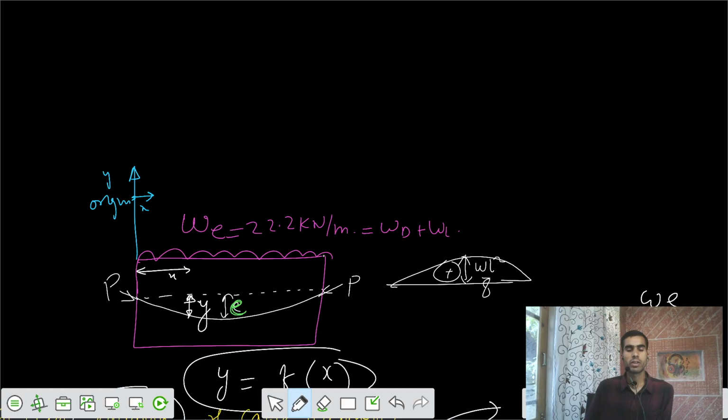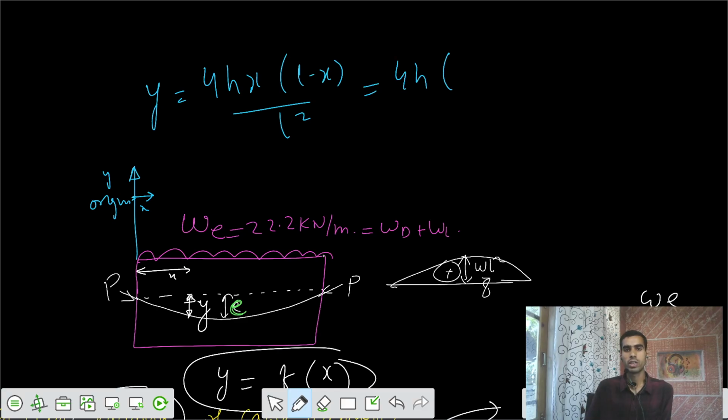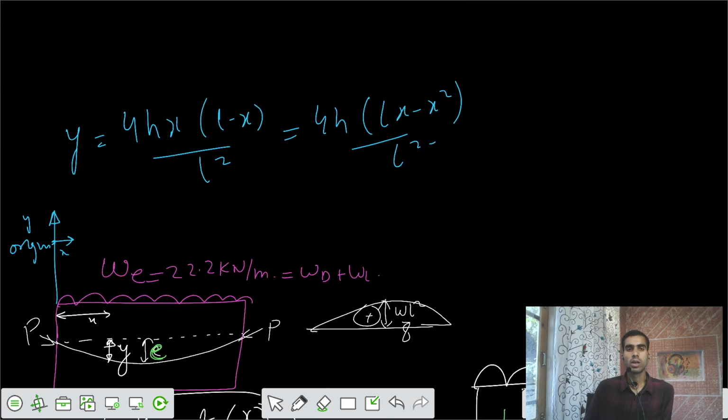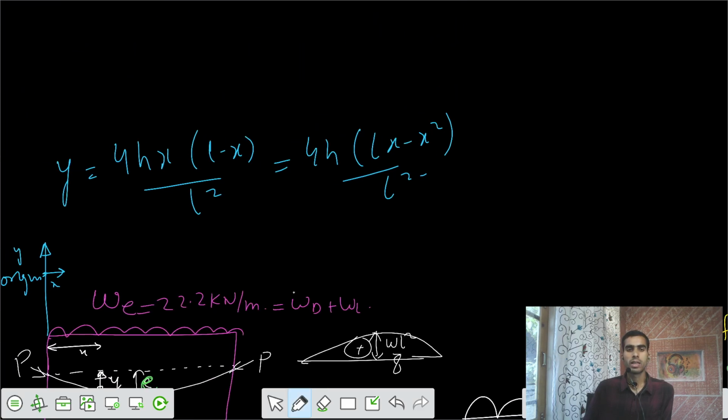So your equation was y equals 4h x (L minus x) divided by L square, that is also equal to 4h (Lx minus x square) divided by L square. So if I go to L by 2, our value of e is equal to 118.4. So I set the boundary condition that y equals e at x equals L by 2.